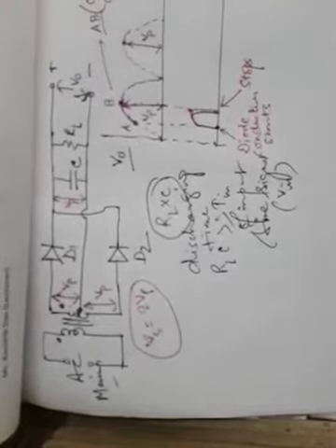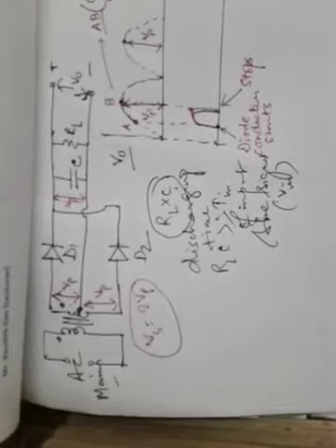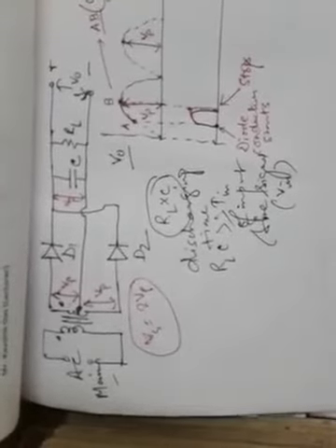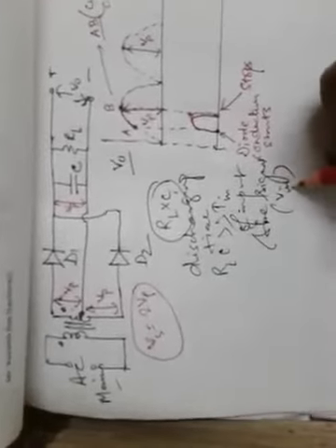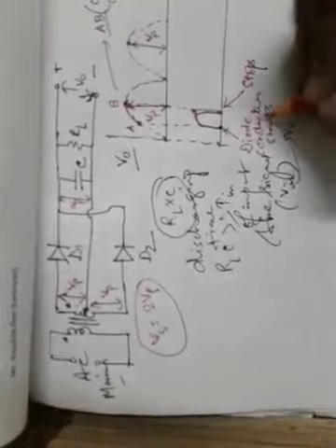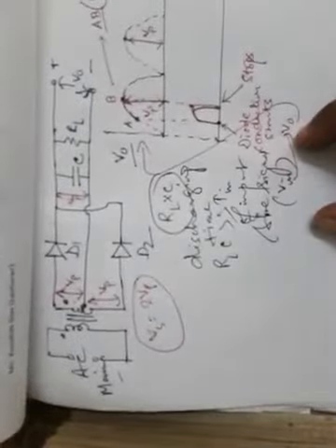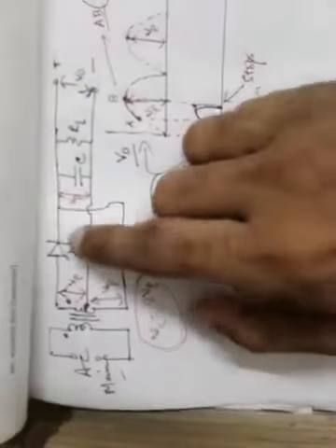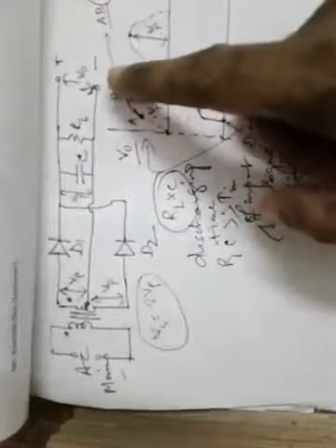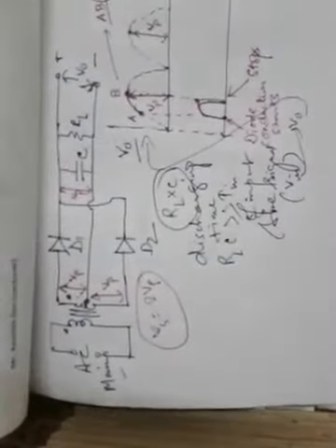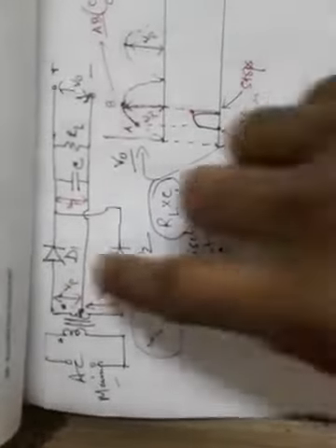This implies the time constant RL into C will be much larger than the time period of the alternating output voltage obtained from the alternating input voltage applied at the input side, because Vin will immediately provide VO, since VO will be replicated from Vin till the time the diodes are conducting, because they act like a closed switch, and whatever is present at the input will be transferred to the output. So both will be same, their time periods or frequency will be same till the time the diodes are conducting.